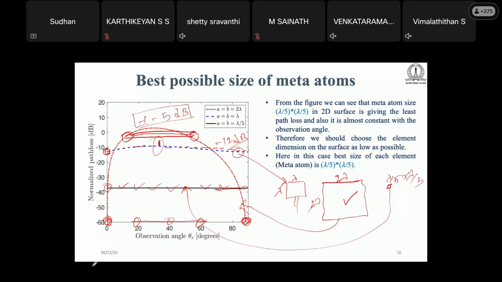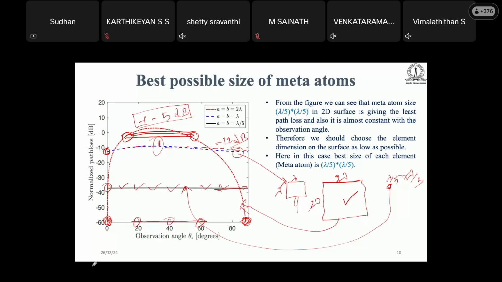Okay, so for this intelligent reflecting surface, it is very important how people design the IRS elements. It is very specific. You cannot design an IRS for a wide range of frequency.